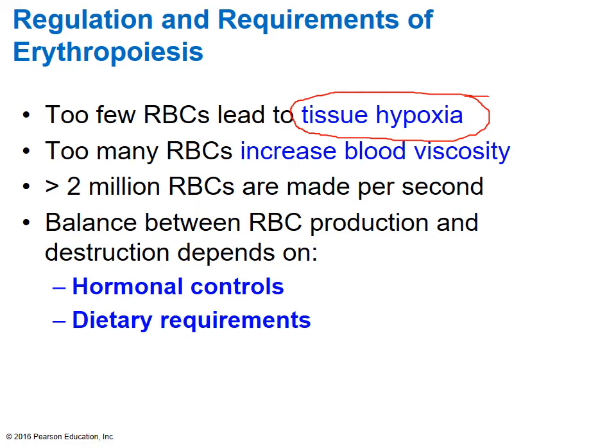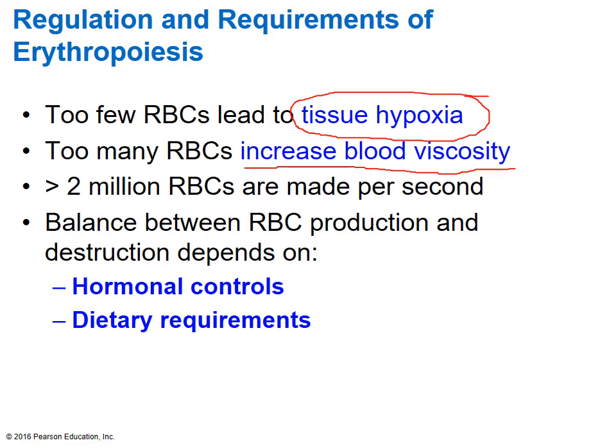If you have too many red blood cells, they take up too much space in our blood vessels, and they will increase your blood viscosity, the stickiness of the blood. So it will make it harder for blood to stream from point A to point B, which means you increase your blood pressure, and it also puts a strain on the heart, which obviously could be very detrimental.